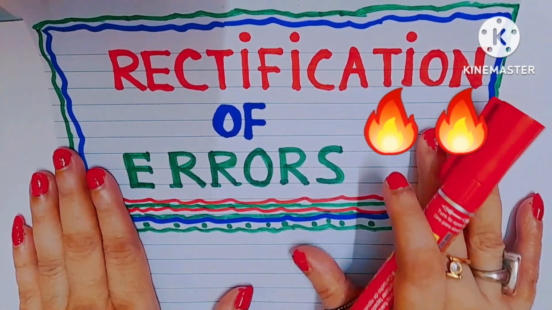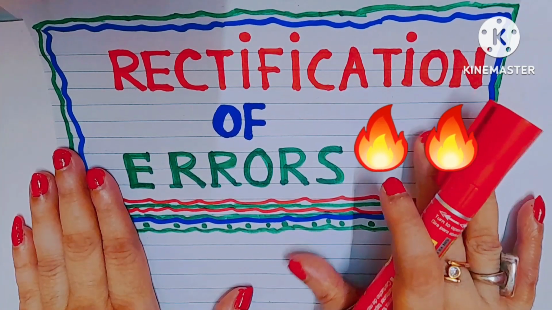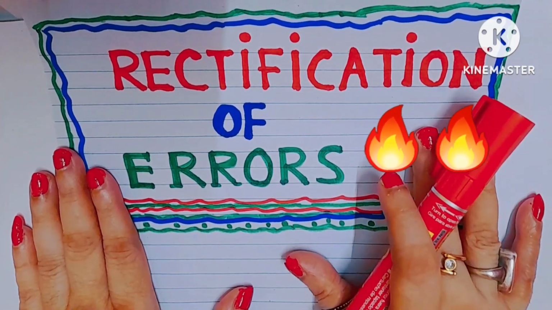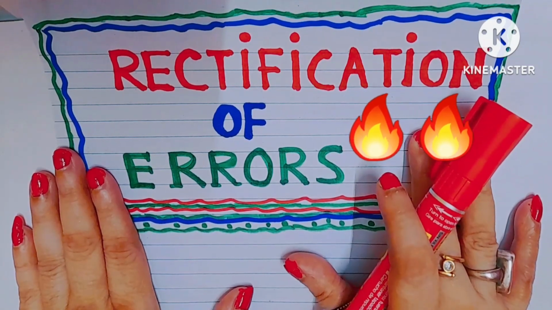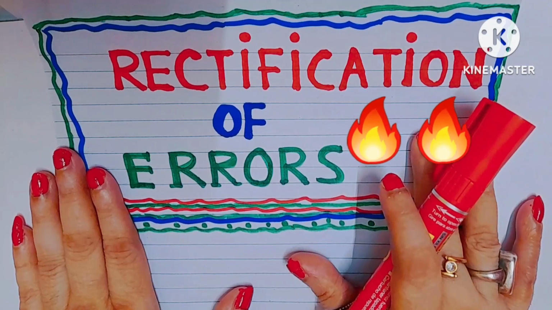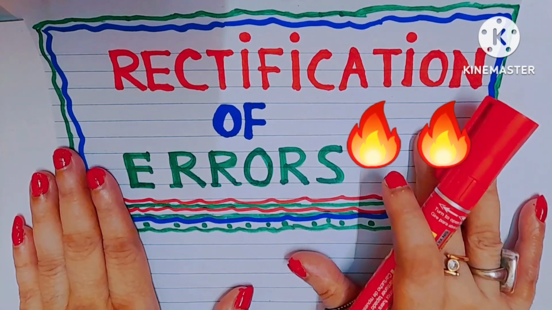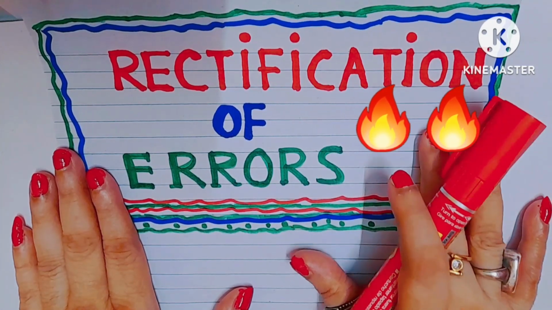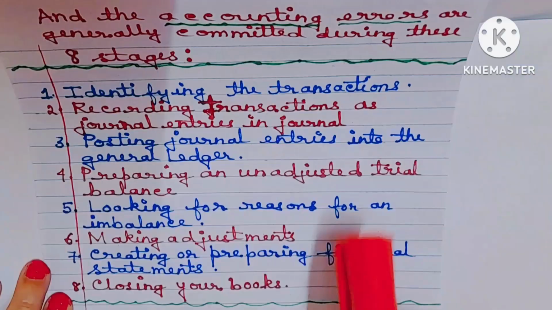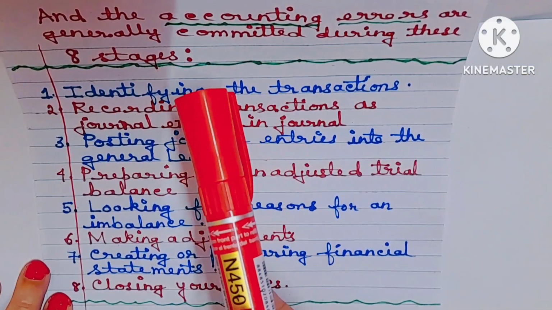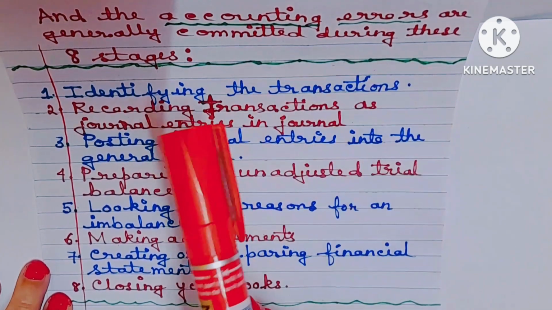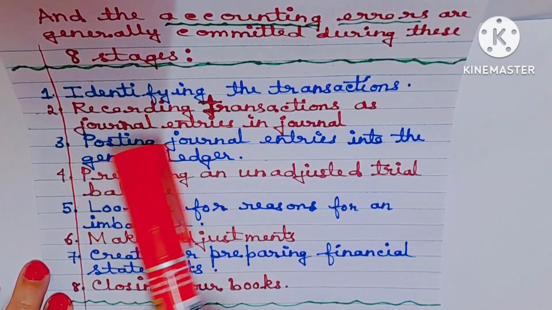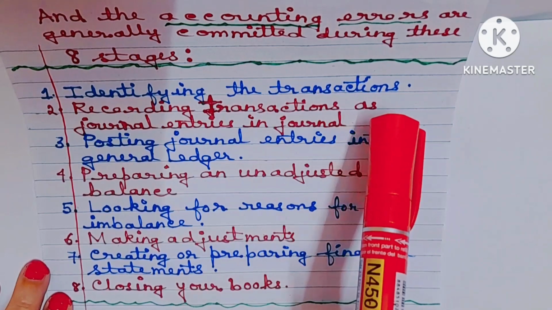Now why is rectification of errors important? Because every business entity wants to ascertain the true and correct financial position of the business at the end of the year. And please remember, accounting errors are generally committed during these 8 stages. Number 1, identifying the transactions.